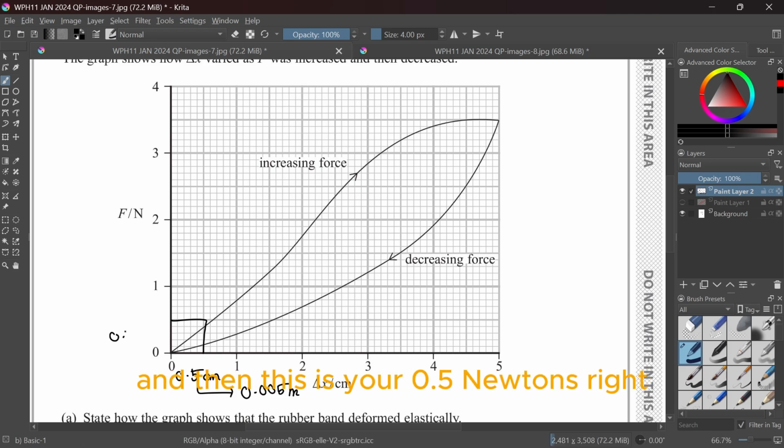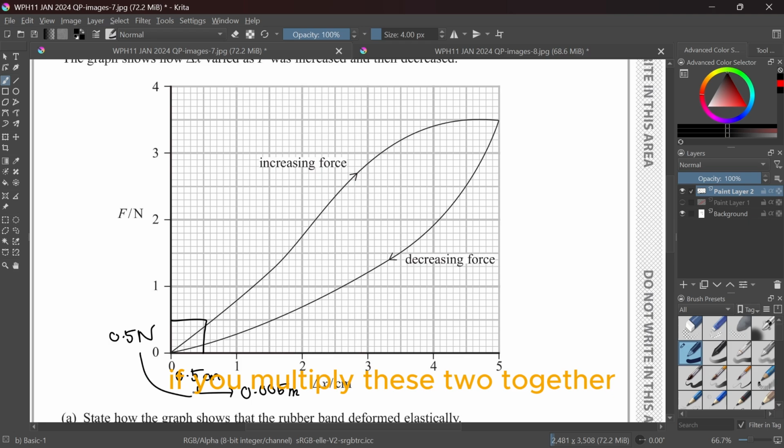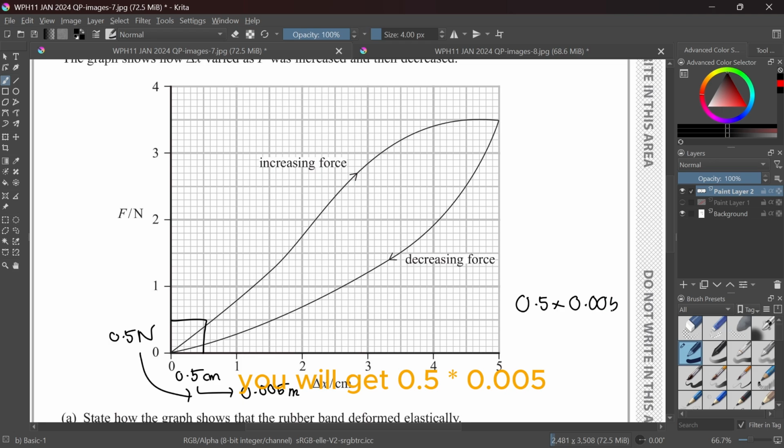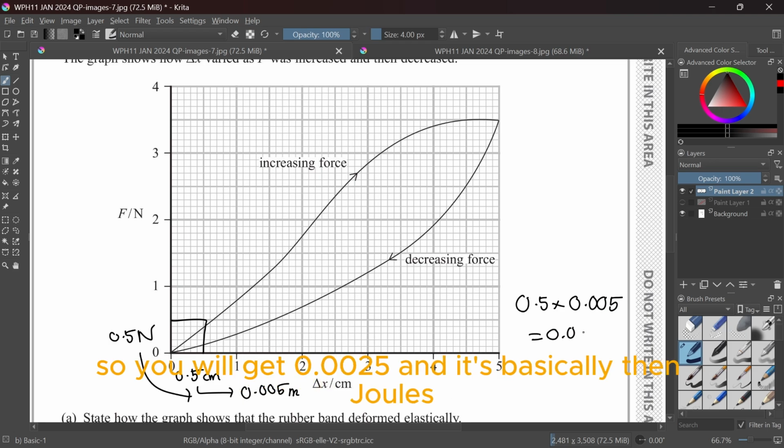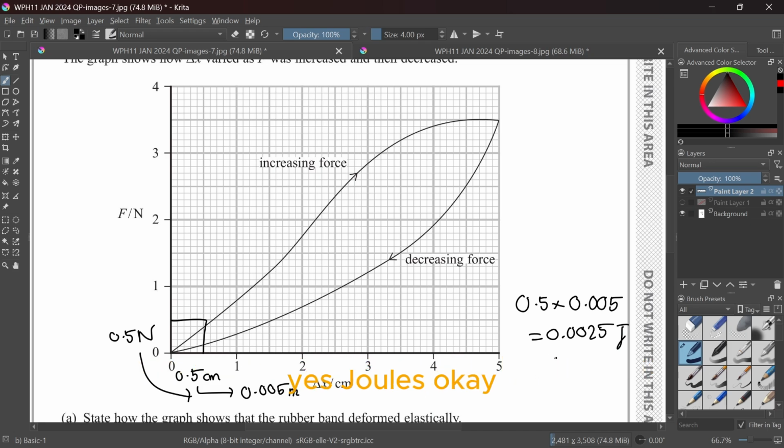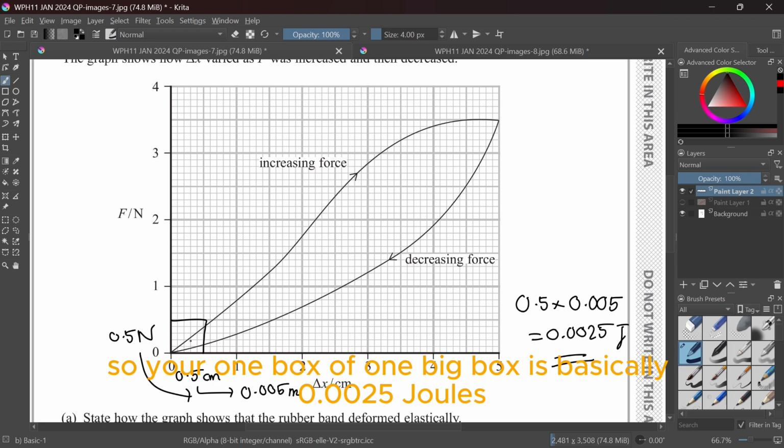And then this is your 0.5 newtons, right? If you multiply these two together, you will get 0.5 times 0.005, so you will get 0.0025, and it's basically joules. Yes, joules. So your one big box is basically 0.0025 joules.